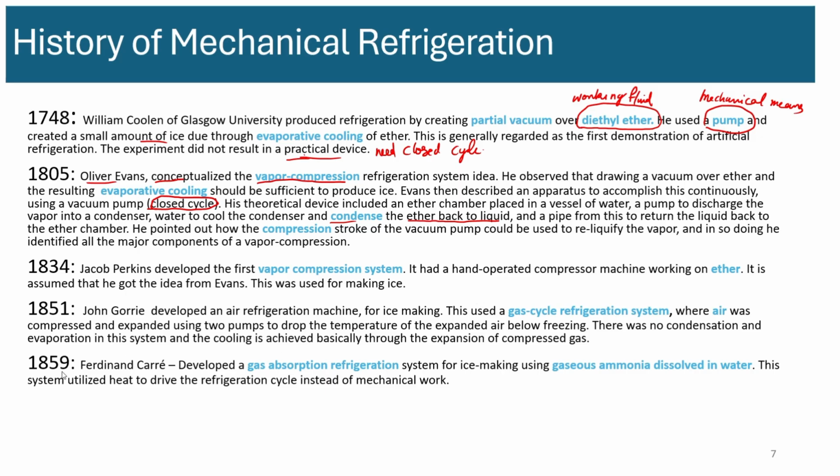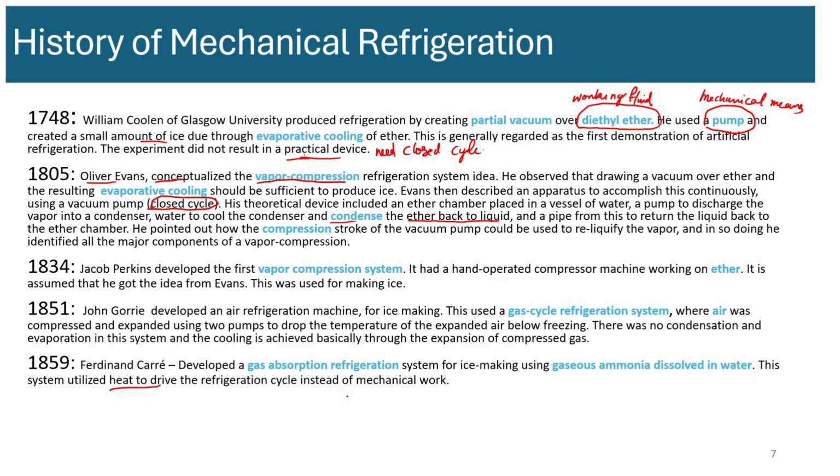And in 1859, Ferdinand Carré, a French inventor, developed a gas absorption refrigeration system. Technically, this is not a full mechanical refrigeration system because it primarily uses heat to drive the system.